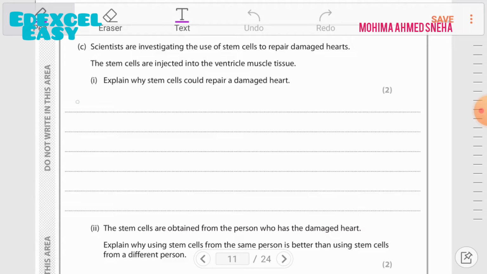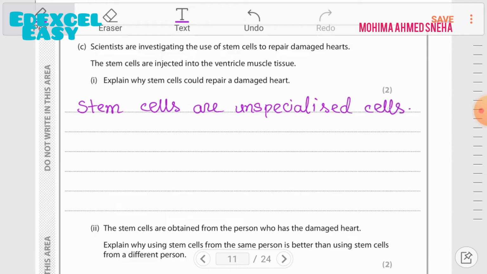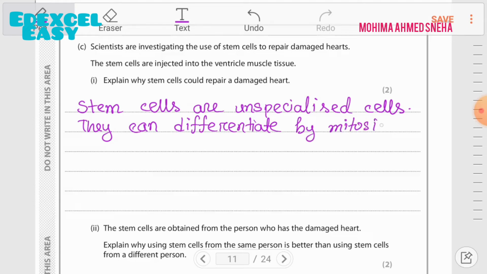Let's write it down. Stem cells are undifferentiated or unspecialized cells. They can differentiate by mitosis to form ventricle muscle tissues.